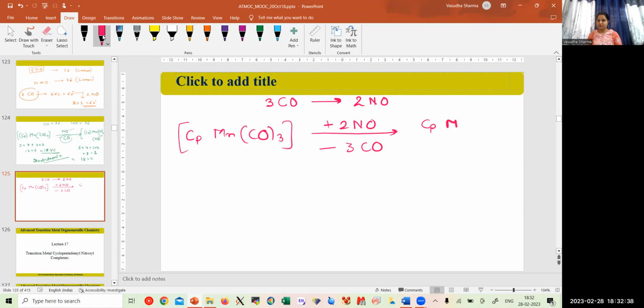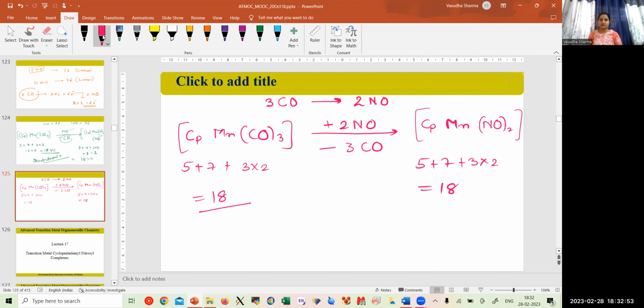So it will form CpMn(NO)2 with no charge. Now if we calculate again, this is 5 plus 7 plus 3 into 2, that is 18. This is also 5 plus 7 plus 2 into 3, that is 18.